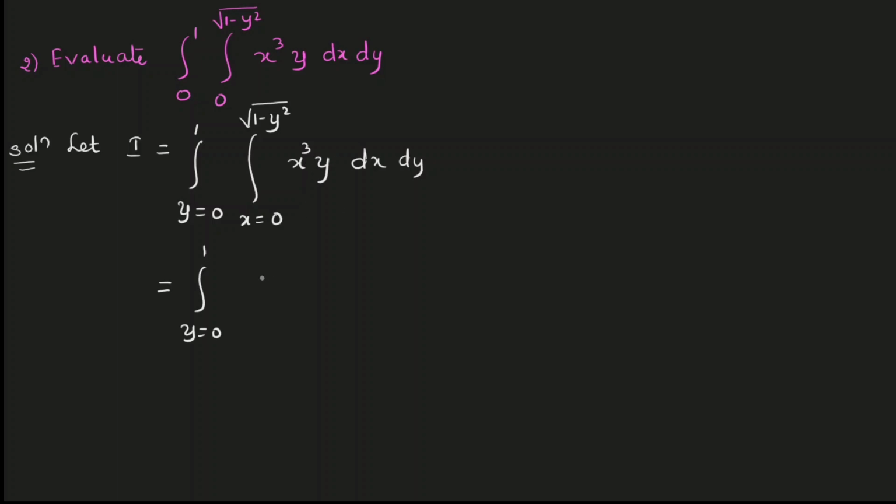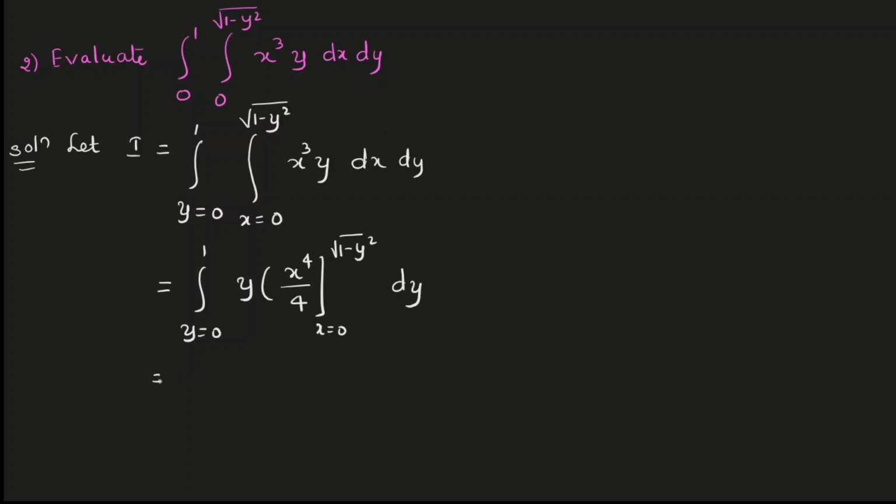When you are integrating with respect to x, y acts as a constant. So y into integration of x cube is x raised to 4 by 4, and the limits vary from 0 to root 1 minus y square, into dy.